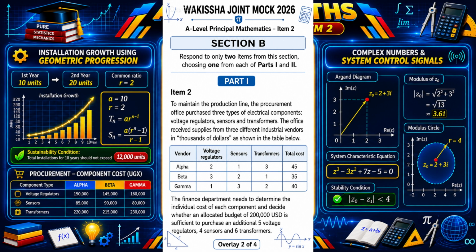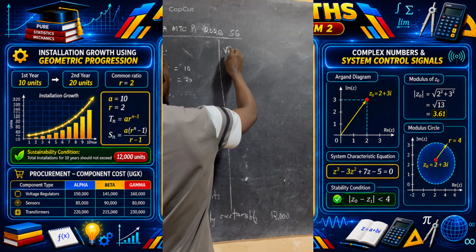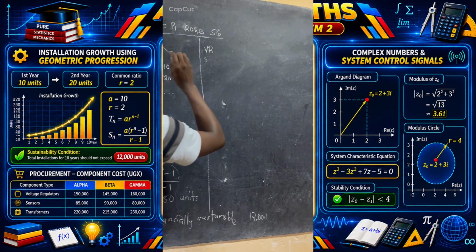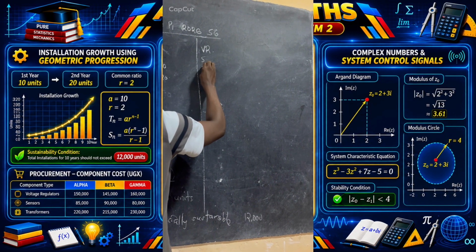The office received supplies from three different industrial vendors, in thousands of dollars. That is the amount, as shown in the table. So we have voltage regulators, sensors, then transformers.